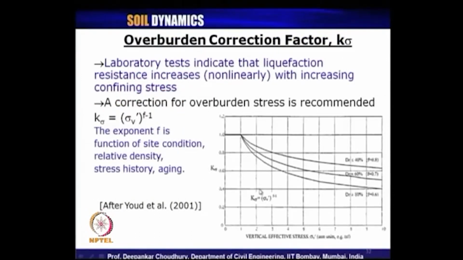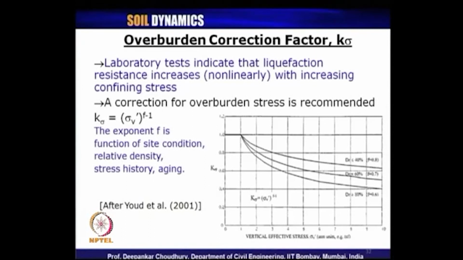Next is the overburden correction factor K sigma. Now, laboratory tests indicate that liquefaction resistance increases non-linearly with increasing confining stress. That we have seen earlier also, among the factors involved in the liquefaction potential assessment, if the depth is increasing or overburden is increasing, obviously the chances of the soil liquefying will be less, isn't it?